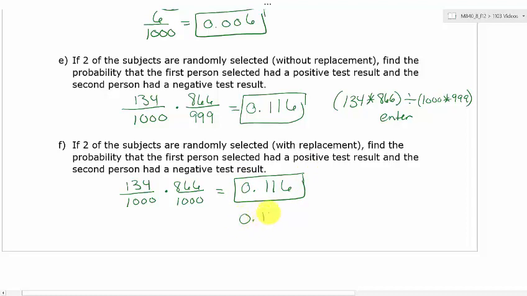This one was 0.116044, and the problem above was 0.11616. There were more decimal places, but that's far enough to see that there is a slight difference in our probabilities. So again, to enter this in your calculator, you would do parenthesis 134 times 866, close your parenthesis, divided by, and this time you could just do 1,000 squared if you'd rather do that.